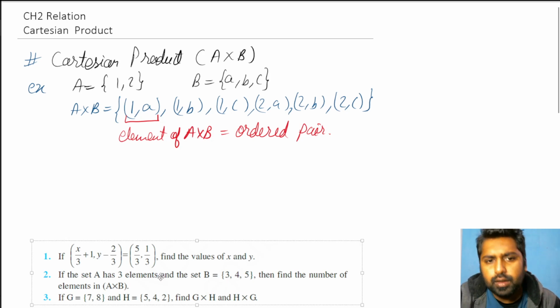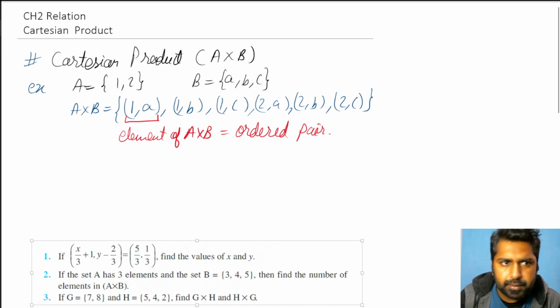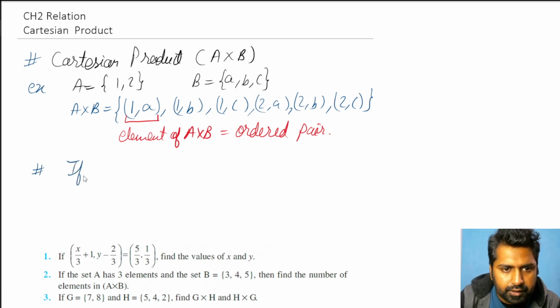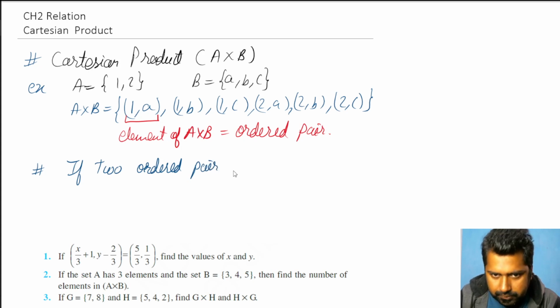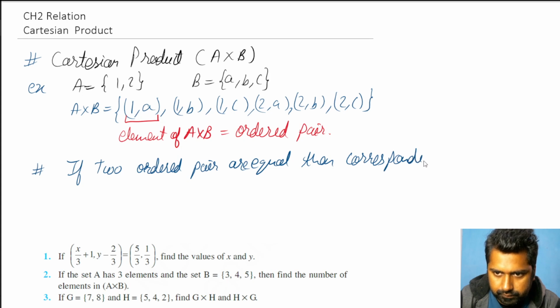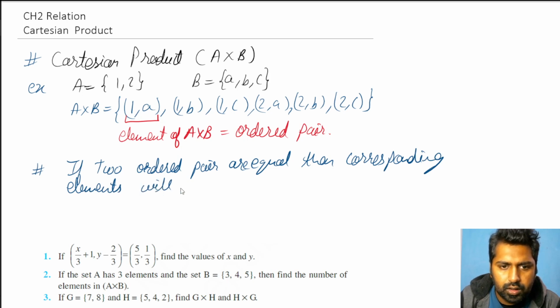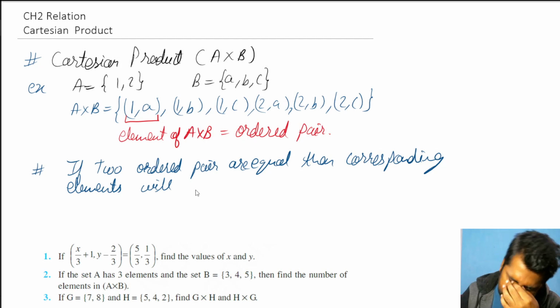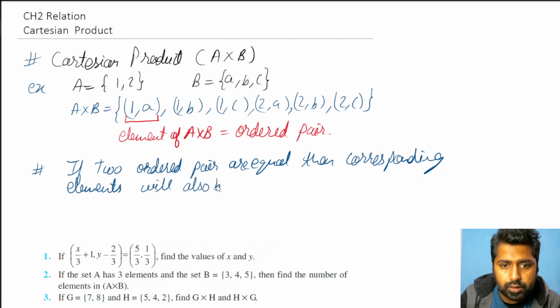Now, I told you about ordered pairs. One thing that you should know about ordered pairs: if two ordered pairs are equal, then corresponding elements will also be equal.